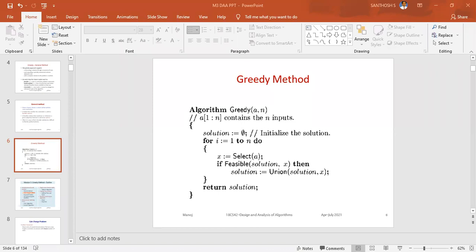So, answer for my question: how many types of solutions do we have in greedy technique? There are 2 solutions. Can you tell which are those? Two solutions, feasible and the other one?